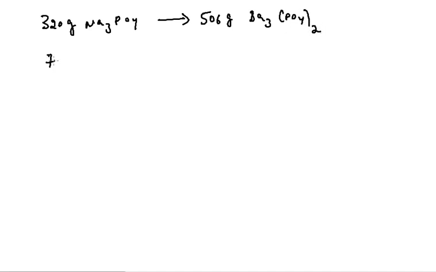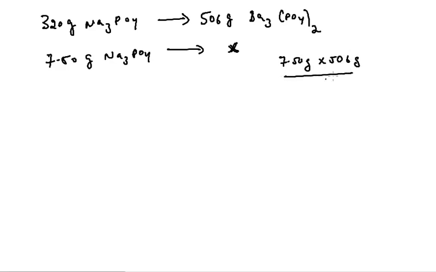And if we have 7.50 grams of sodium phosphate, how many grams of barium phosphate do we get? The answer can be calculated using the crisscross system. So we multiply 7.50 grams by 506 grams divided by 328.